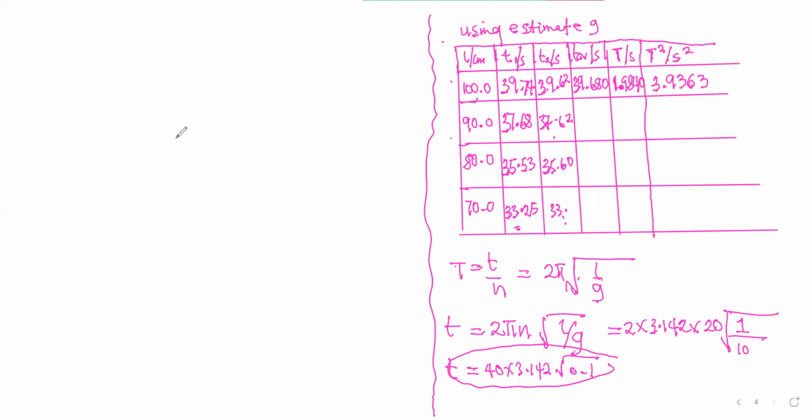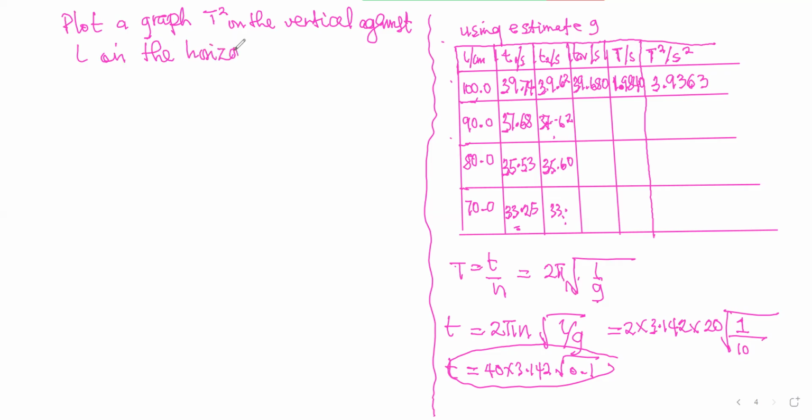Let's assume you are asked to plot a graph of T squared on the vertical against L on the horizontal. What does it mean?